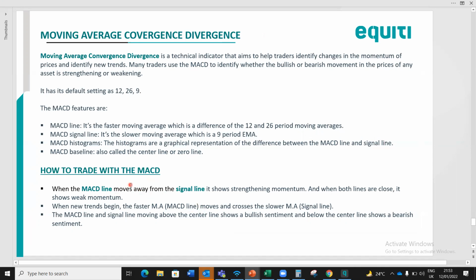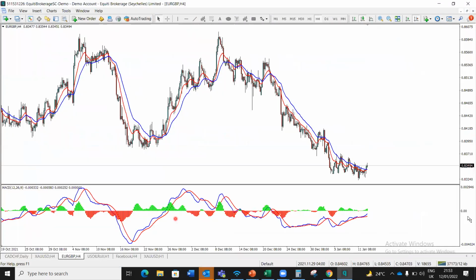Then we also have the MACD baseline, also called the center line or zero line. Let me show you the features. So this is the MACD baseline or the center line. This level here, the crossover between the lower part and the upper part, is called the MACD zero line.